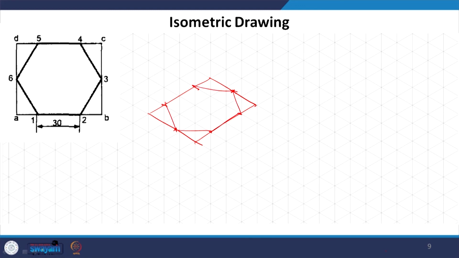Now, what I can do is measure two of the sides here. We have this one and this one, but we cannot measure these ones because they are non-isometric, but you will get this hexagon. Suppose I make it like this, I get a different looking hexagon.